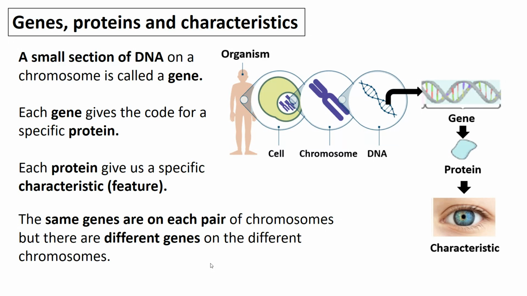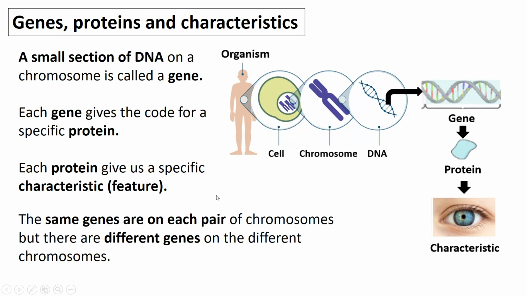So in that example, you can see there's the organism. If we look at one of the cells and take out one of the chromosomes and extract the DNA out and look at a small section of the DNA, that would be our gene. That gene would code to make a protein, and that protein would determine the colour of our eyes. So that would be our characteristic.